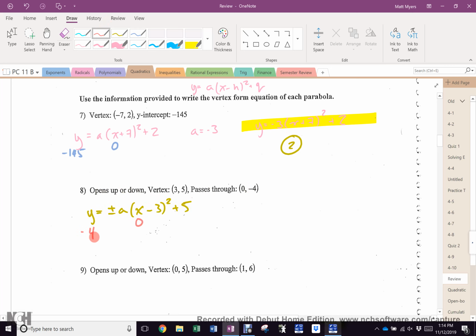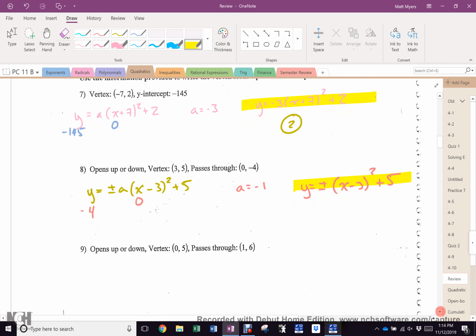Now I actually have to do the math. 9a plus 5 minus 9, negative 1. A equaled negative 1 or positive 1. So it was y equaled plus or minus x minus 3 squared plus 5. If you forgot the plus or minus, give yourself 1.5.